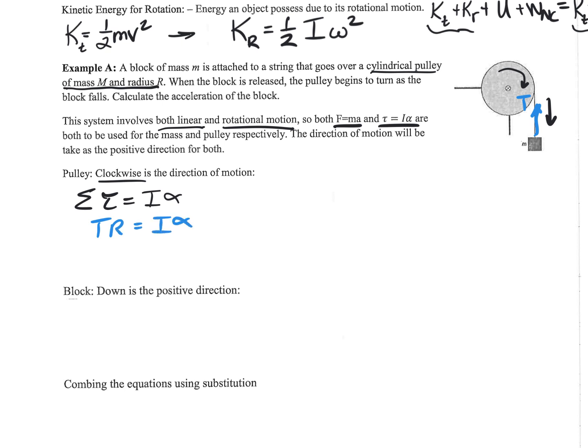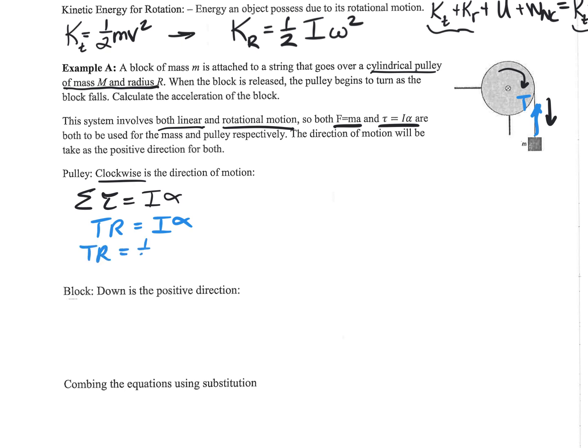So what is I for a cylindrical pulley? Usually if it's something other than 1/2 mr squared or mr squared for a particle, they'll give it to you directly. You're not required to memorize all those things, or they'll ask you to derive it. So we have TR.